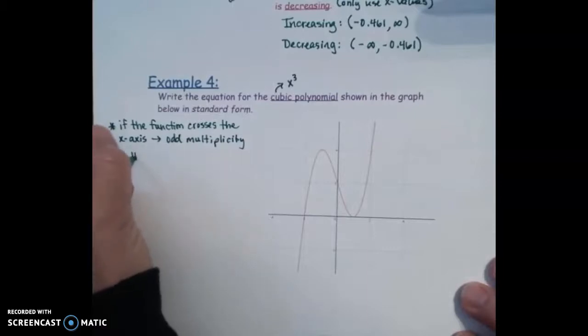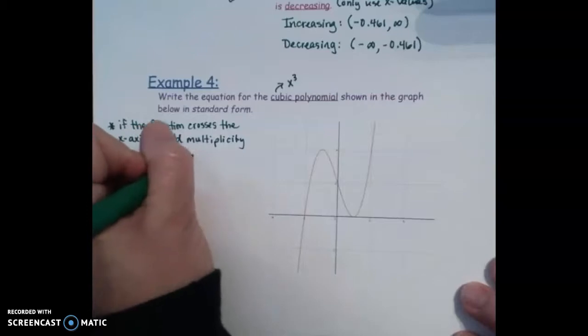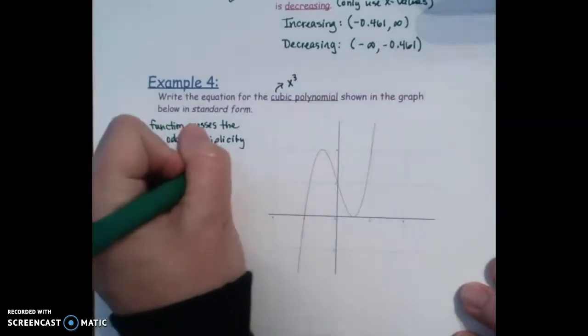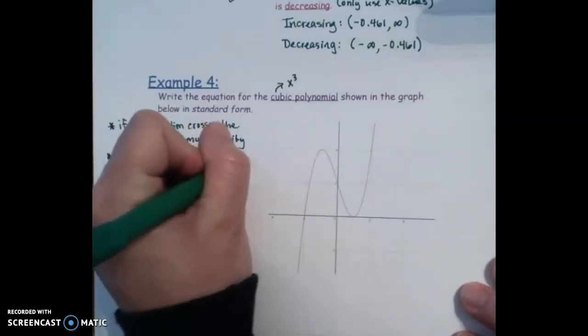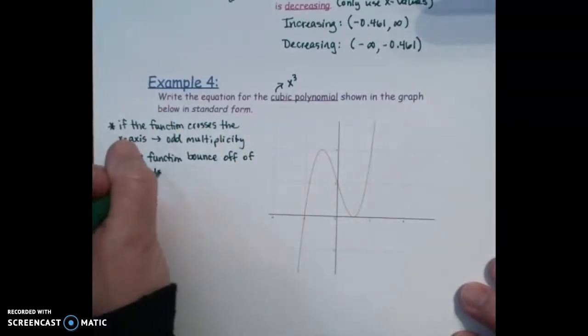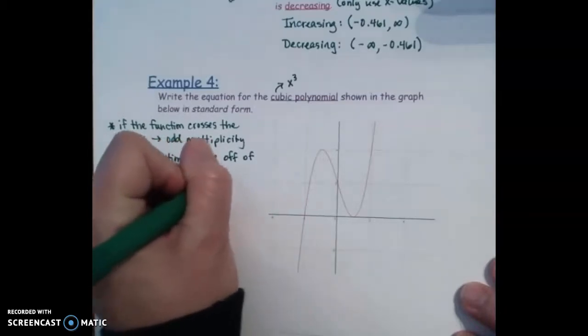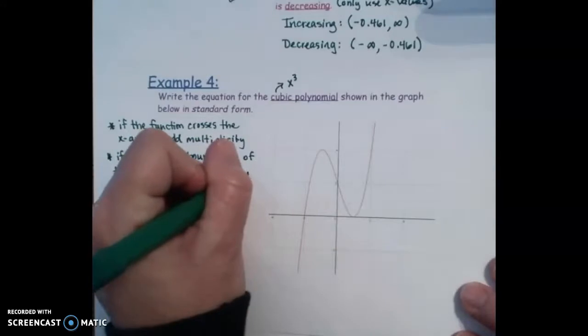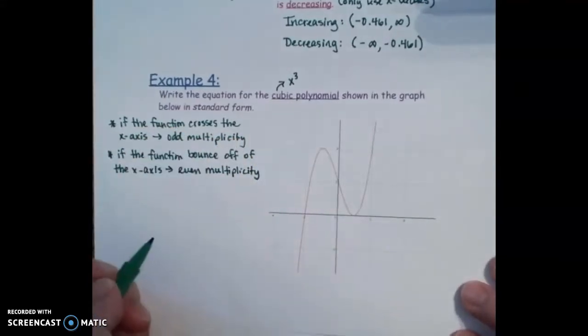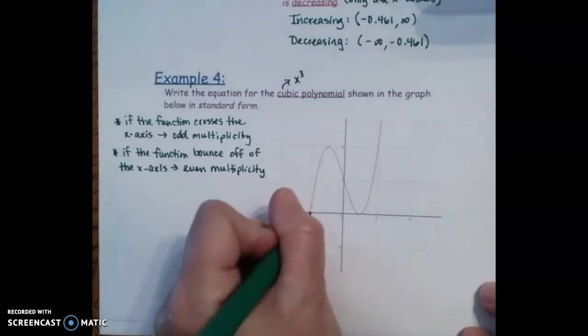If the function bounces off of the x-axis, it has even multiplicity. Alright, so the first thing we want to look for are the zeros.